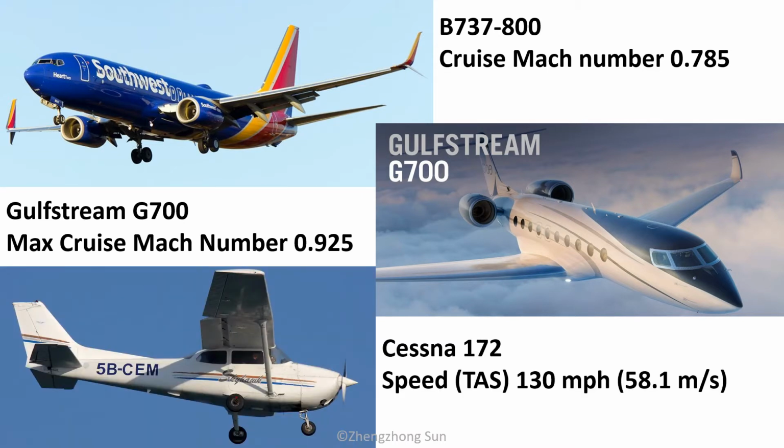Okay, so another aircraft shown here. It is the Cessna 172 aircraft, and we know it's a low-speed aircraft, and the true airspeed for this Cessna 172 is 130 miles per hour, which is equivalent to 58.1 meters per second.